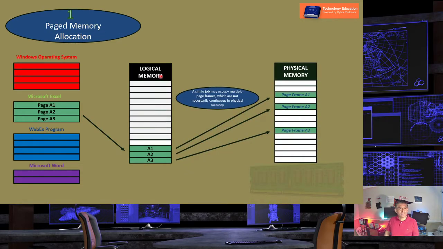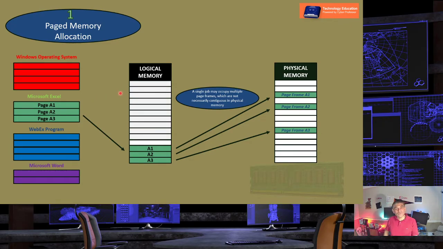Now comes a different component. In this case, physical memory, the actual RAM that resides on your computer. As you can see from this depiction, Microsoft Excel is divided into 3 different pages. These pages reside in the view of memory that Microsoft Excel has of our computer system.